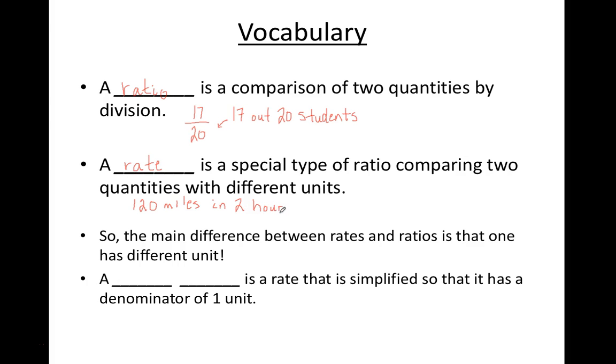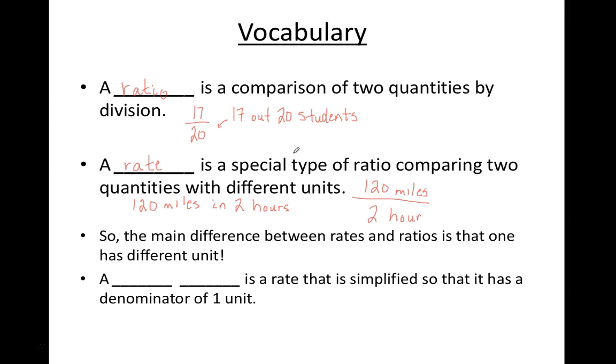So this is, again, going to be a ratio. I can do 120 over 2, but this time we're talking about different units. We're talking about 120 miles in 2 hours.